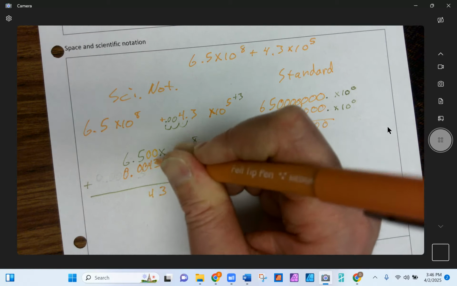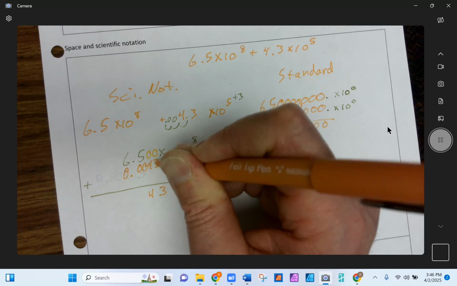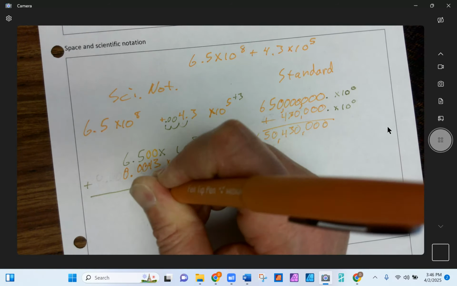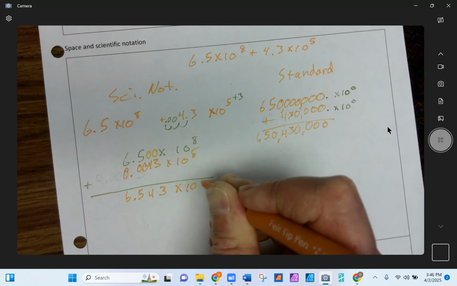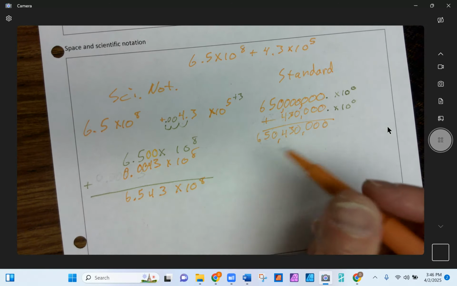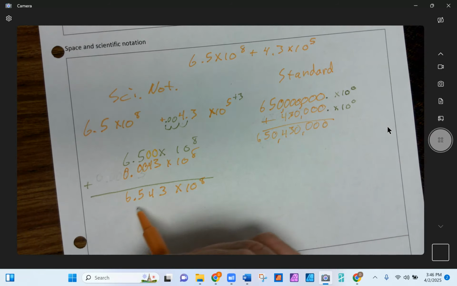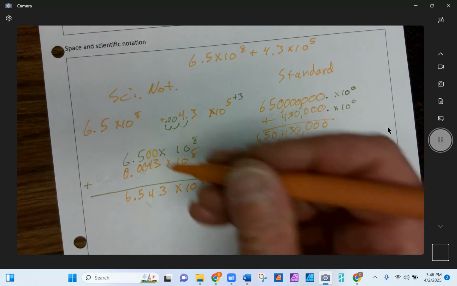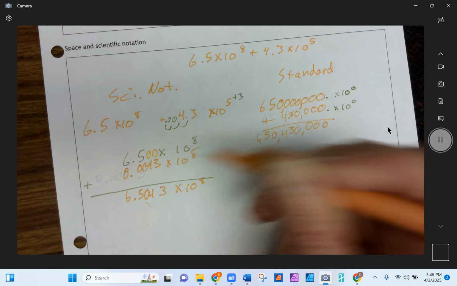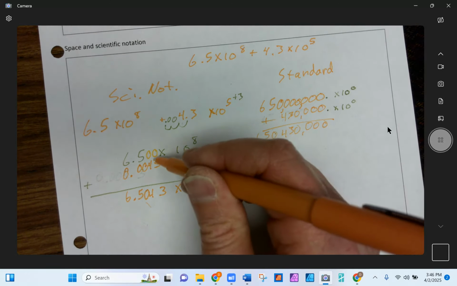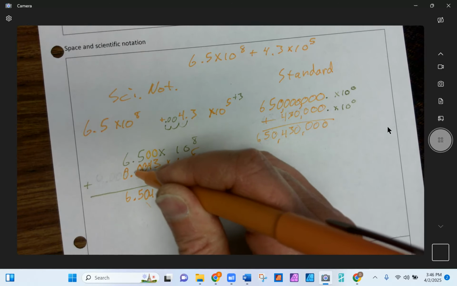Thank you. We're just going to add as we go down. So +3, +4, and then +5. And then we bring that 6 down. We don't change our exponents, so it's going to be 6.543 times 10 to the power of 8. Oh, there is an extra 0 in here. Yeah, because we have 4 to the left.